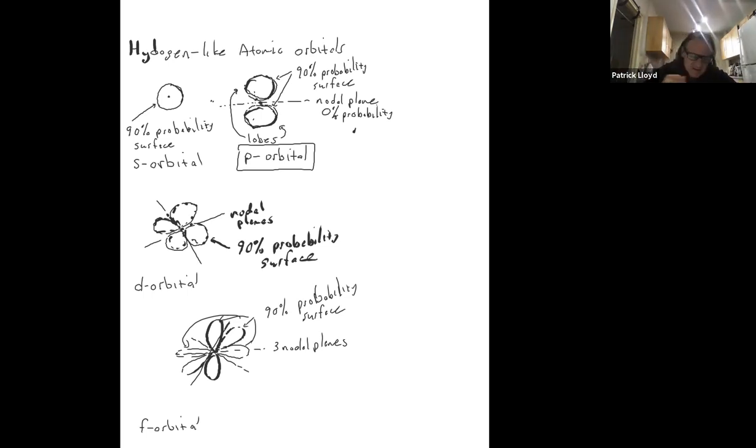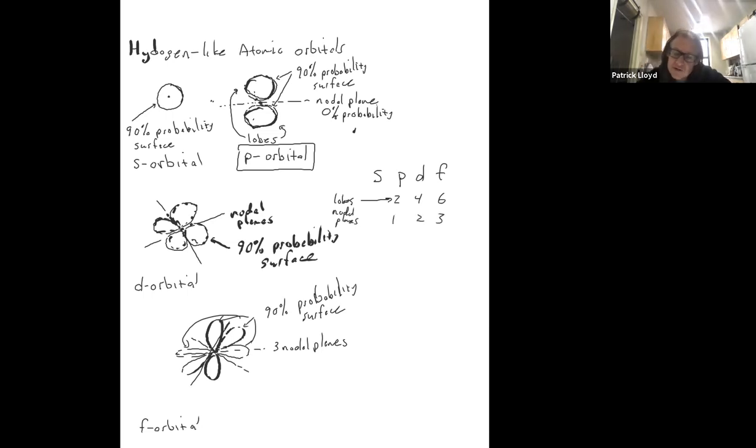Okay, SPDF. So you want to memorize that. SPDF. Okay, 2 lobes, 4 lobes, 6 lobes, right? Okay, number of nodal planes: 1, 2, 3.